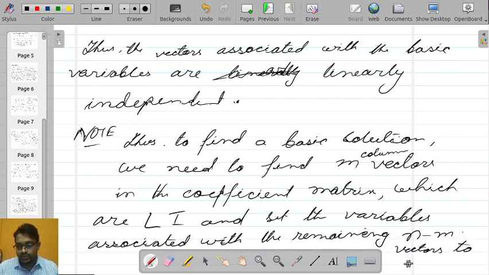Okay, this is the procedure. We select m vectors which are linearly independent. The easiest way to do that is to find the determinant of the corresponding matrix. So we need to find m column vectors in the coefficient matrix which are linearly independent and set the variables associated with the remaining n minus m vectors to 0.